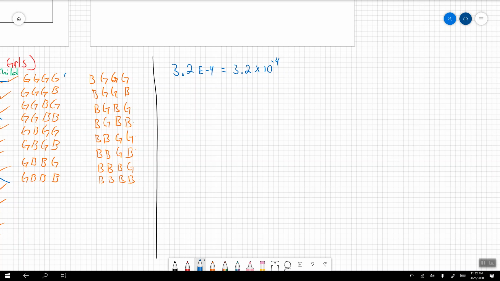That's going to tell us that we're going to take this decimal place and move it to the left 4 times.